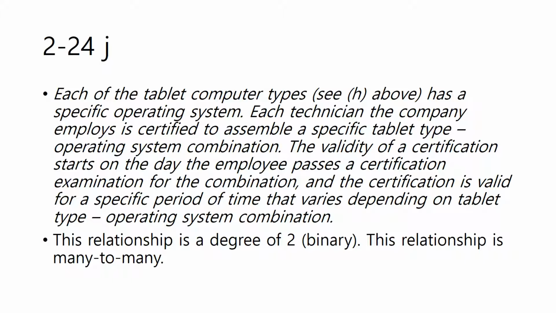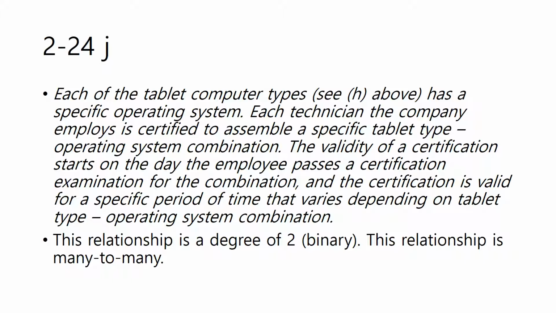Problem J. Each of the tablet computer types, see problem H above, has a specific operating system. Each technician the company employs is certified to assemble a specific tablet type operating system combination.